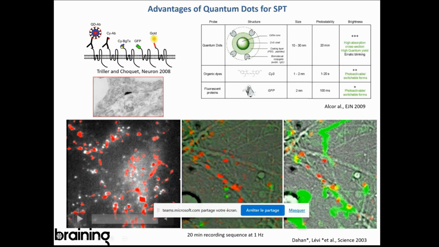Okay, so you cannot see it here, unfortunately, but when we use organic dyes like Cy3, we absolutely cannot see such a long recording. Most of the time, the recording lasts for 5 or 10 seconds. It's because the organic dyes are bleaching very rapidly, and so they lose their fluorescence, and this fluorescence doesn't come back anymore.